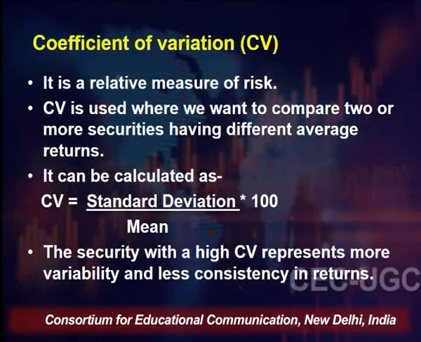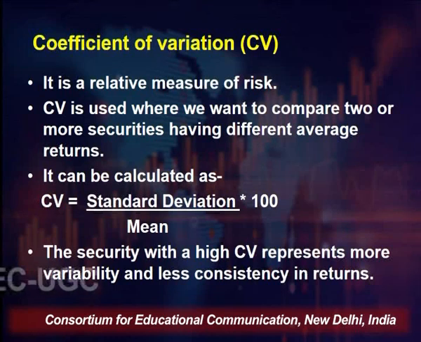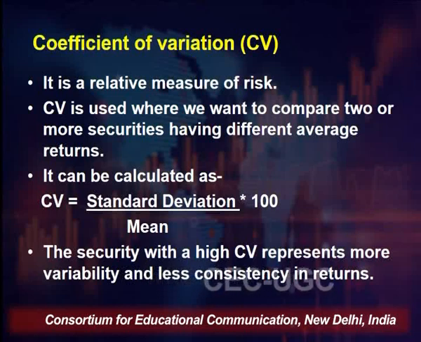As I was saying, the mean return of one security is 12%, of the other 14%. You have calculated the standard deviation of both securities separately. So simply, the standard deviation of X divided by the mean of X into 100. Similarly, the standard deviation of Y divided by the mean of Y into 100. That will give you the coefficient of variation.